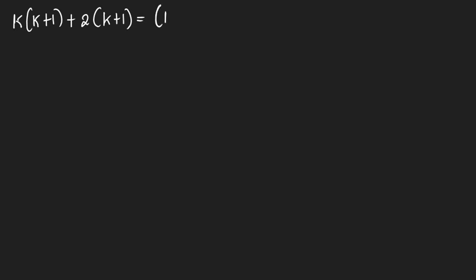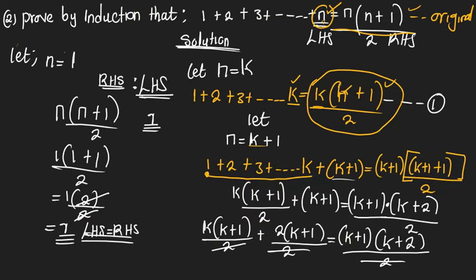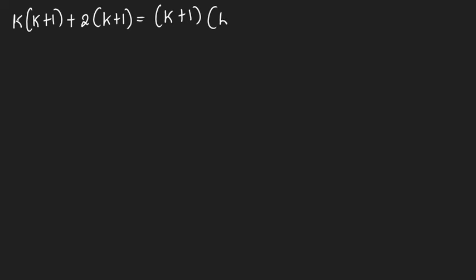So this is going to be k plus 1. Then this is going to be k plus 2. Then we expand. Please make sure you expand everything. So this is going to be k multiplied by k, it's going to be k power 2. K multiplied by 1 is k. 2 multiplied by k is 2k. 2 multiplied by 1 is 2.